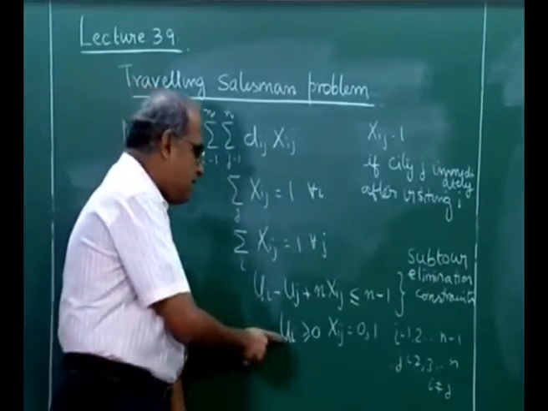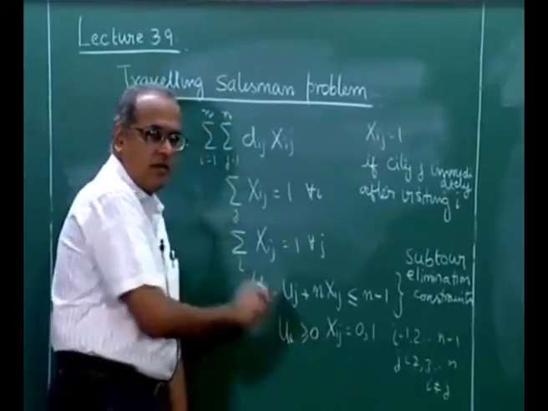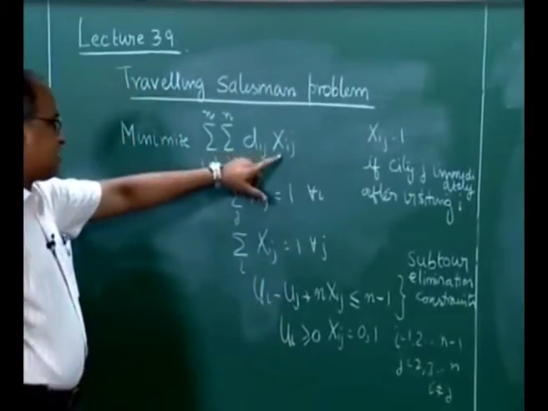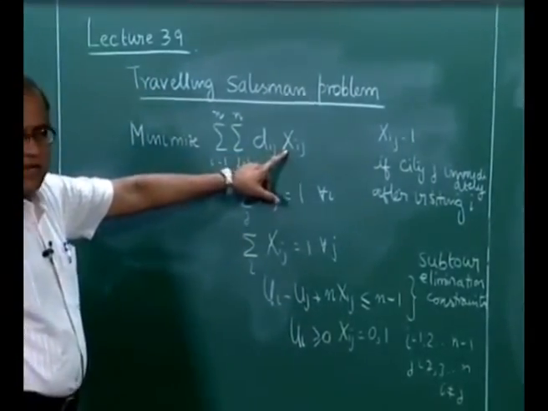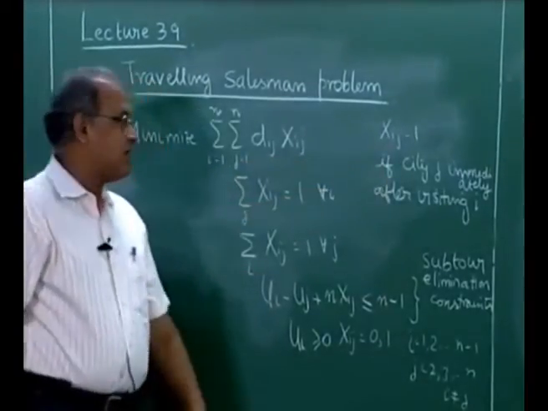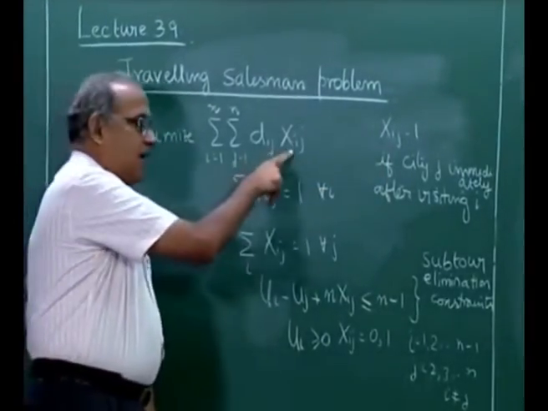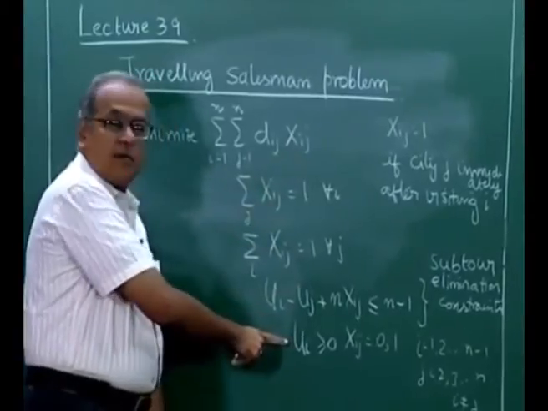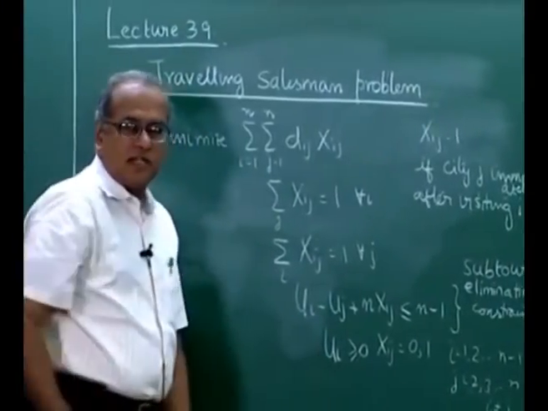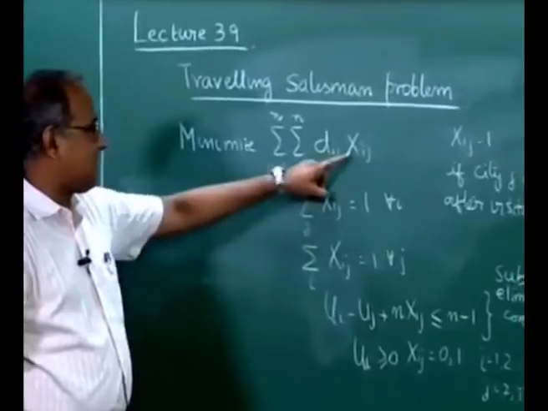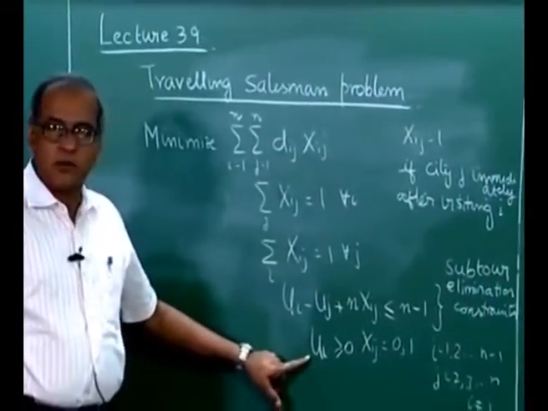You realize now that ui's are greater than or equal to 0. Now, if there are n cities, then we have n square variables for xij, and n variables for ui. So, we will have n square plus n variables, where these are binary and these are continuous.